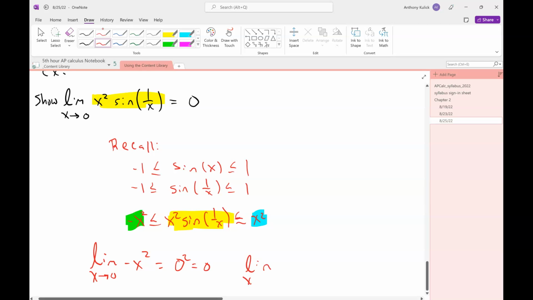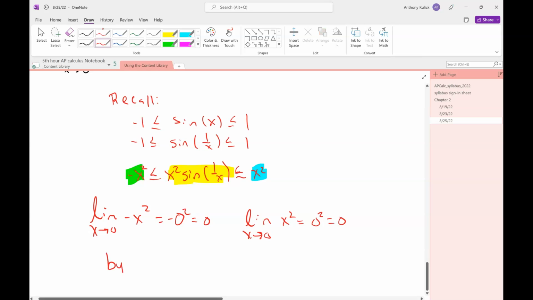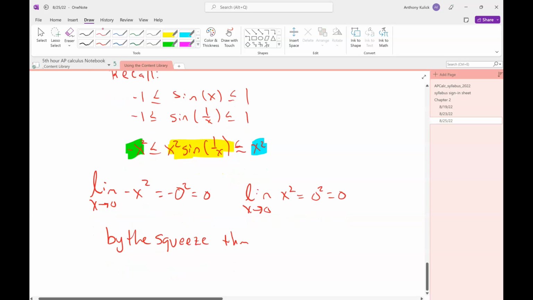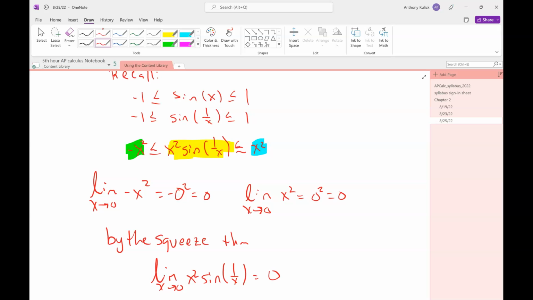And the limit as x approaches 0 of +x squared is equal to 0 squared, or 0. So I can say by the squeeze theorem, the limit as x approaches 0 of x squared sine of 1 over x is also equal to 0.